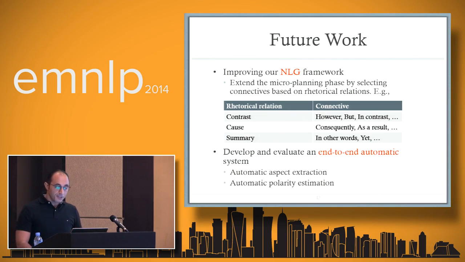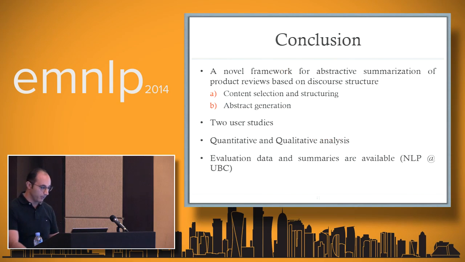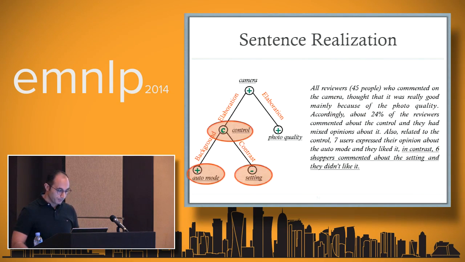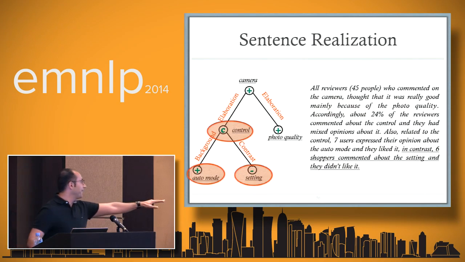Well, we use the connectives in a different way. We don't use the relations exactly to select our connectives, but we check if the relation is, and we explain that in detail in our paper. For example, in this example I show here, we look at the setting, we see that the setting disagrees with our mode in terms of polarity, and also the relation is contrast.